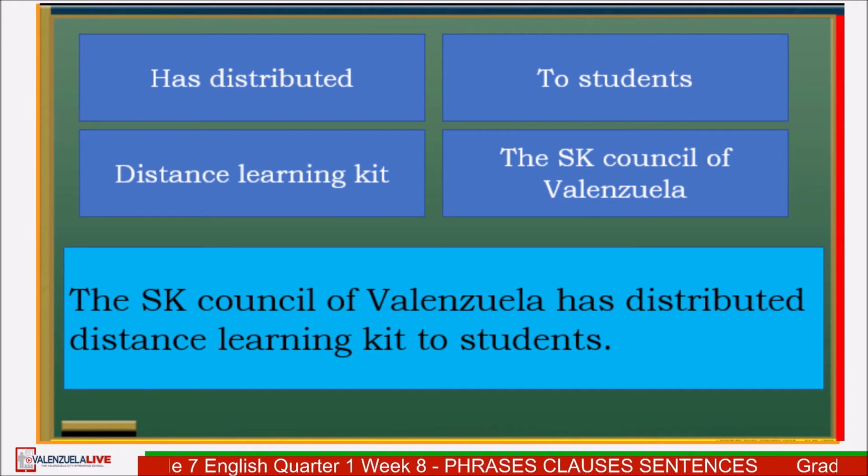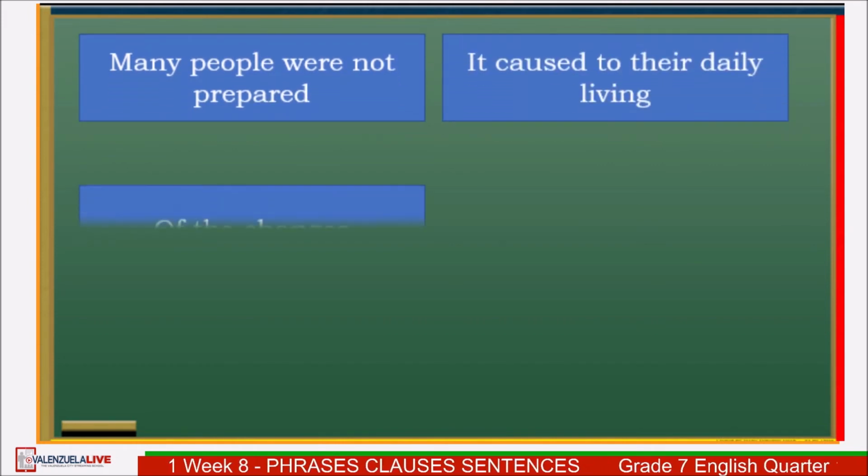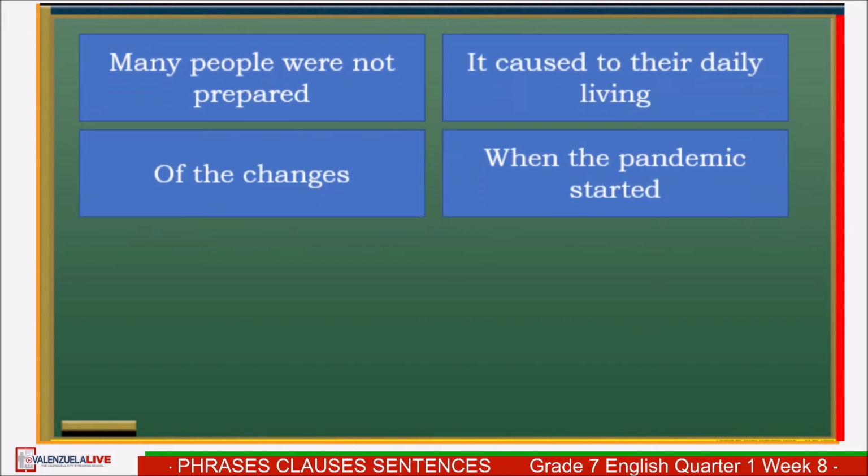Let's now have the last set of words. Many people were not prepared. It cost their daily living. Of the changes when the pandemic started. What meaningful sentence can you form from this group of words?